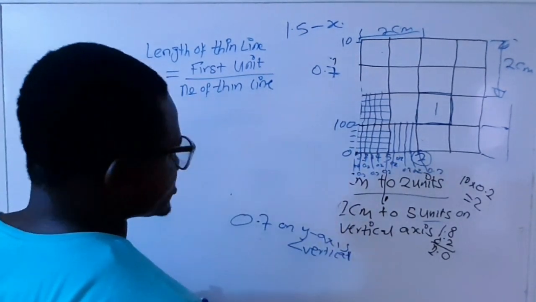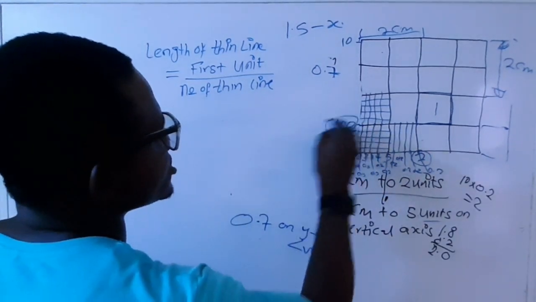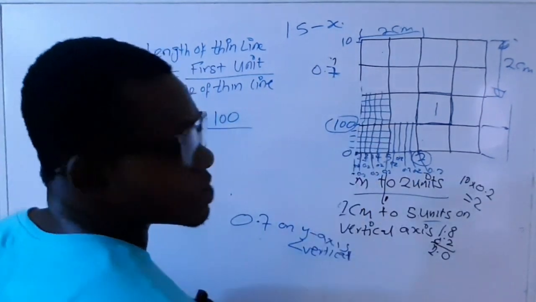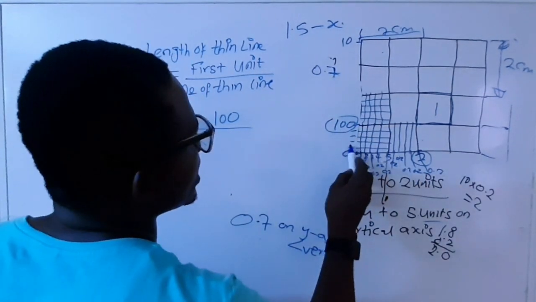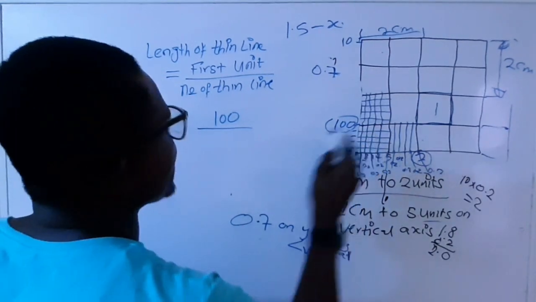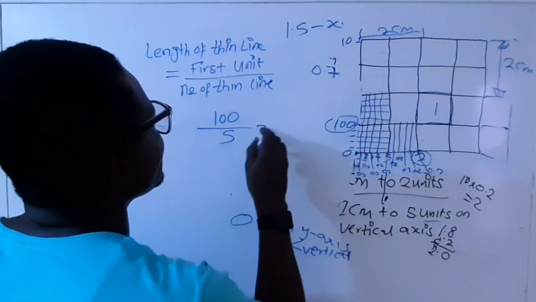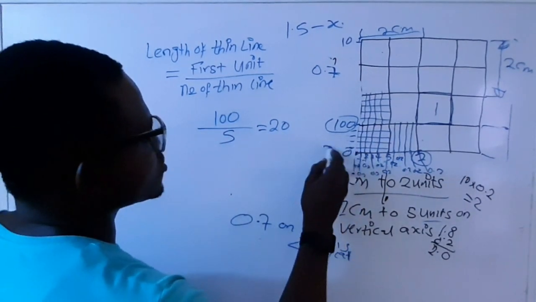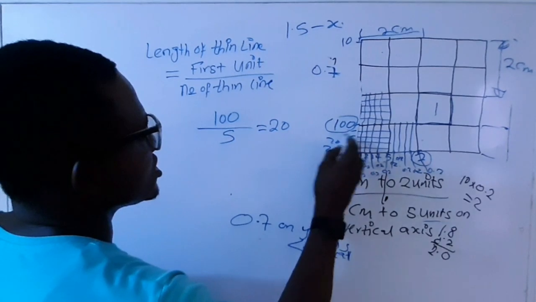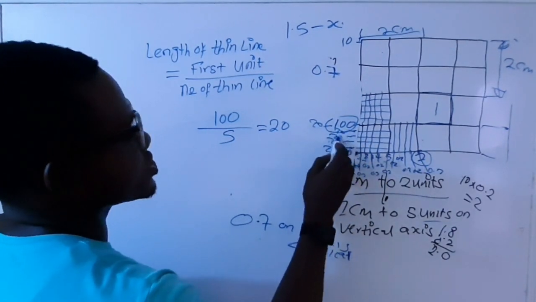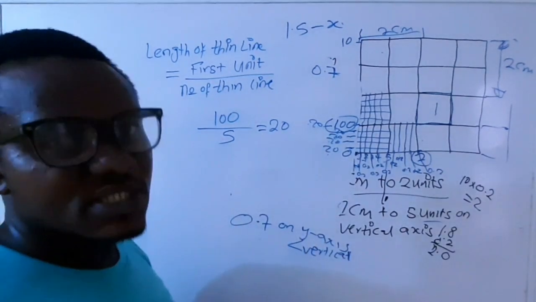The first unit here is 100. So 100 divided by how many small lines? I'm having 1, 2, 3, 4, 5. So 5. That will give me 20. Which means each small line will stand for 20, 20, 20, 20, 20. So 1, 2, 3, 4, 5, 20 times 5 will give you 100.